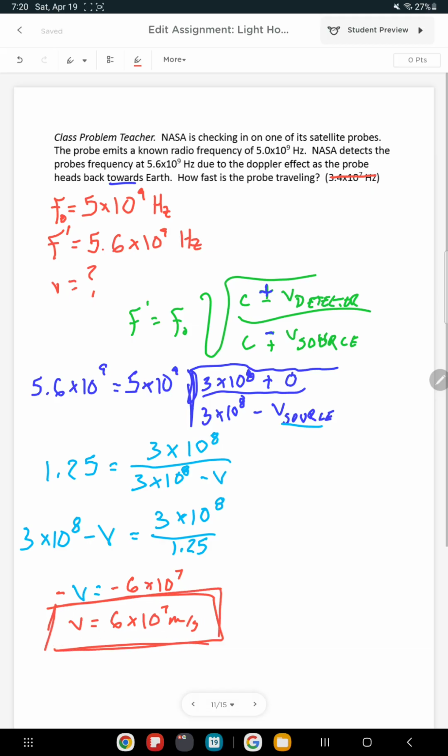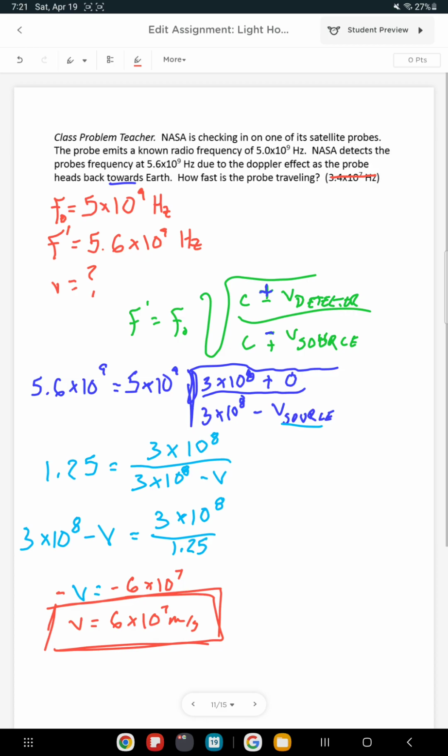When we do these Doppler effect problems in situations that are more reasonable to the speeds we can achieve, the numbers are going to be crazy, with a lot of decimal places typically, because the shift in frequency is going to be super small.